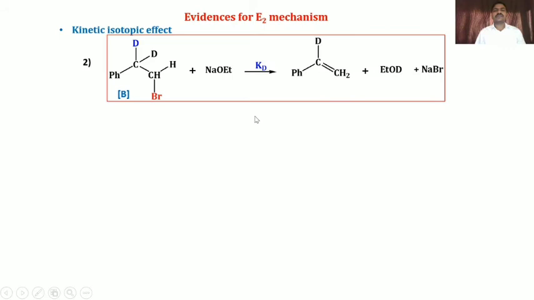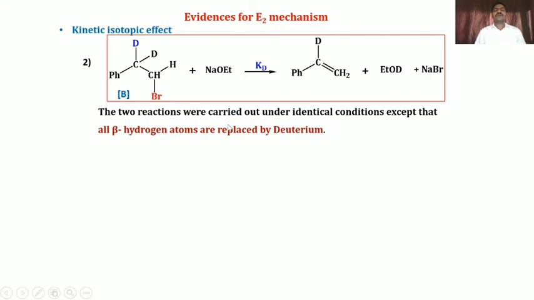The only difference is that the beta hydrogens are replaced by their isotope deuterium, and the rate of this reaction is supposed to be Kd, and this gives deuterated styrene as a product. So this is substrate B.